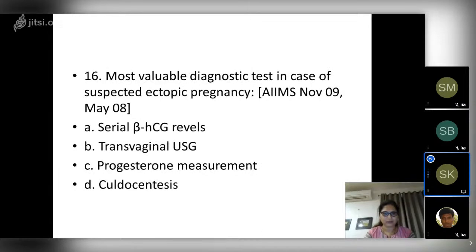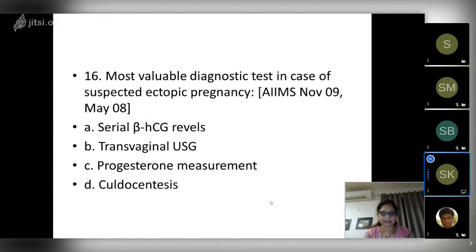So going ahead, the most valuable diagnostic test in case of suspected ectopic pregnancy is: A, serial beta HCG levels; B, transvaginal ultrasonography; C, progesterone measurement; or D, culdocentesis. Anybody with the answer?